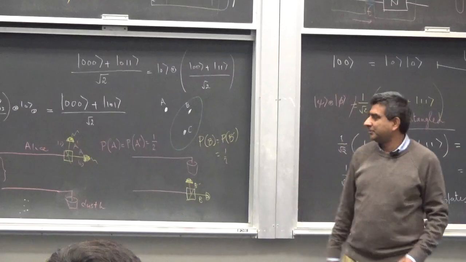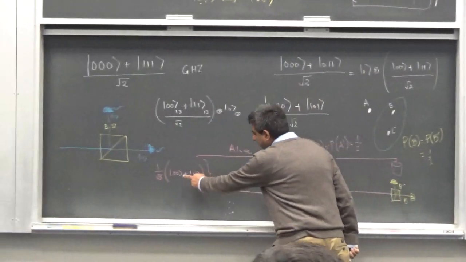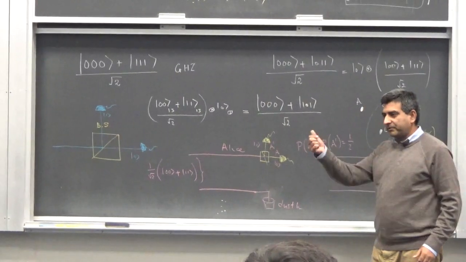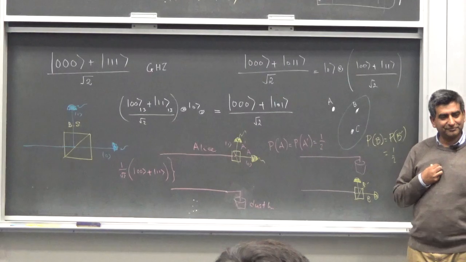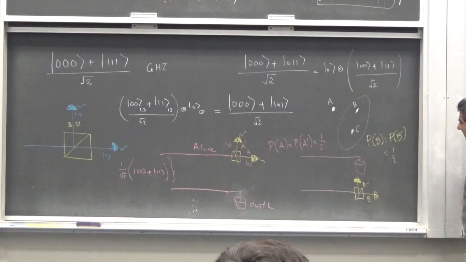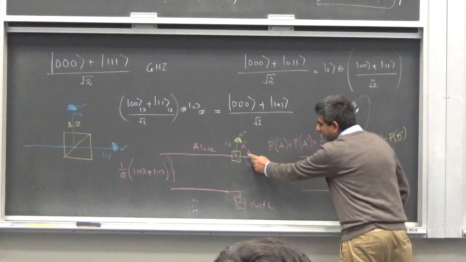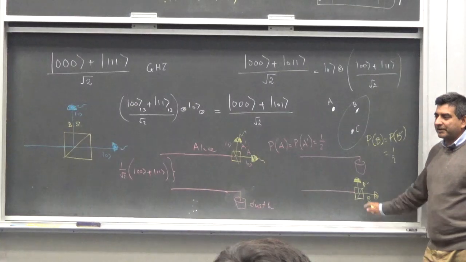We find out that if this were my input state, this one, our outputs will perfectly match. Whenever I get a 0, you're also getting a 0. Which means that if Alice's detector A clicks, Bob's detector B clicks.